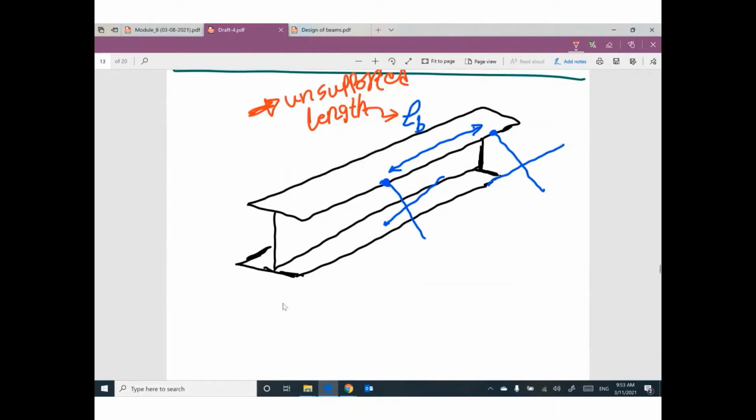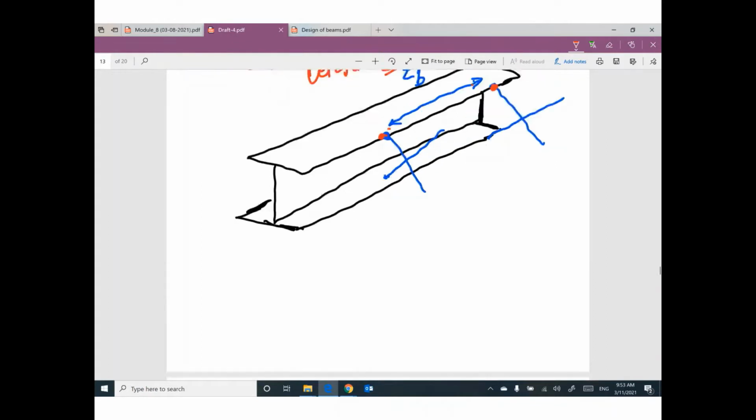If this length is smaller, will be good. If this length is larger or longer, it will not be good. So we must support any beam laterally. The distance between the supports, which is bracing, for this example, this spacing can be called unsupported length, LB.